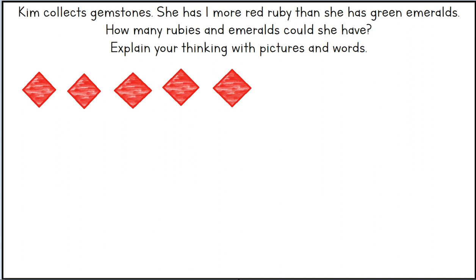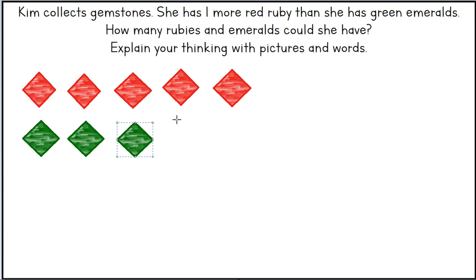But I know that I don't have as many emeralds as I do rubies. So underneath, I'm going to draw, and emeralds are green. Green and shiny. So there's one underneath of that one, there's one under here, and then there's one under here. But the problem told me that she had one more red ruby. So do you see this empty spot here?